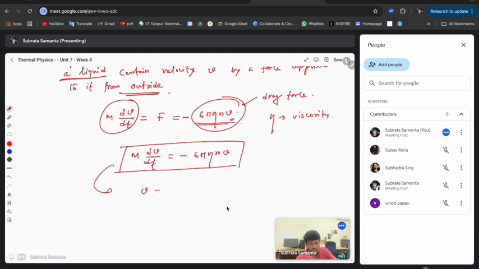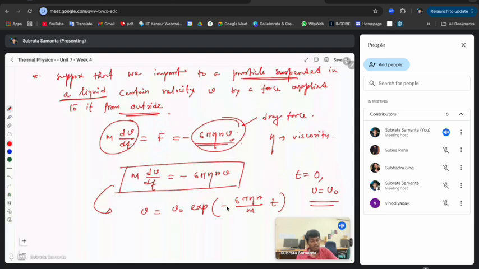Once you solve this, v is v naught times exponential of minus 6 pi eta r over m times t. Let's say at t equals 0 the velocity v equals v naught, and we get a certain velocity v at time t. So they follow this equation.